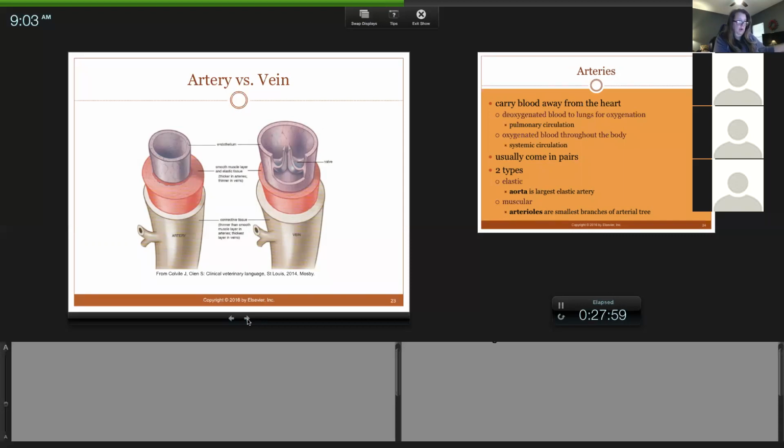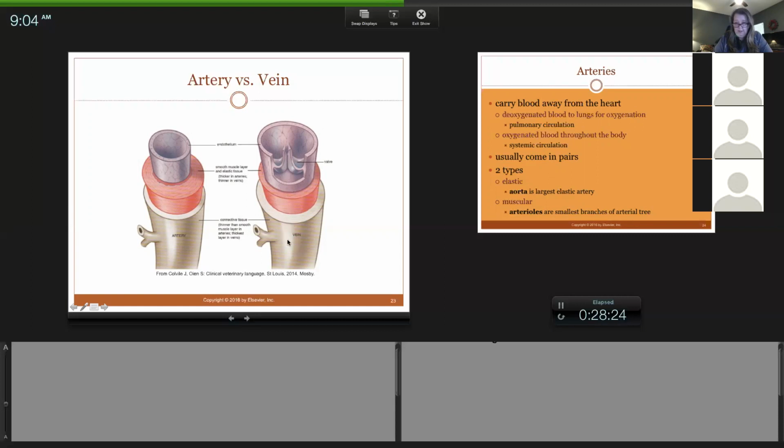So, okay, and then the difference in an artery and vein in all of these systems in the picture, you know, there's arteries and veins. Arteries are red, veins are blue. But just look at the structure. A vein has these little valves in there. A vein doesn't have as much muscle.